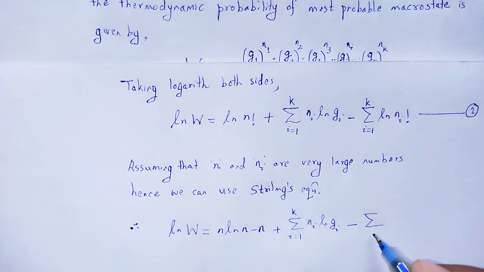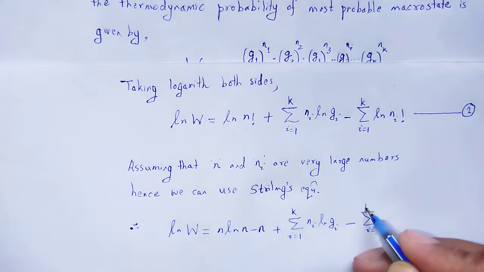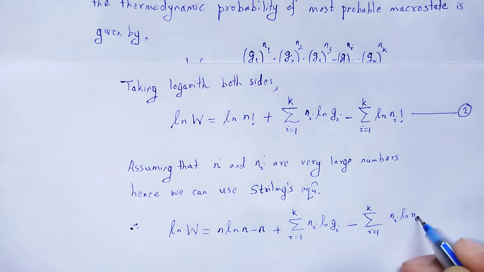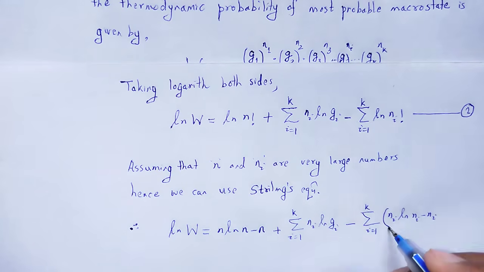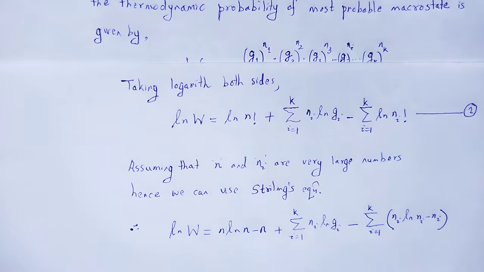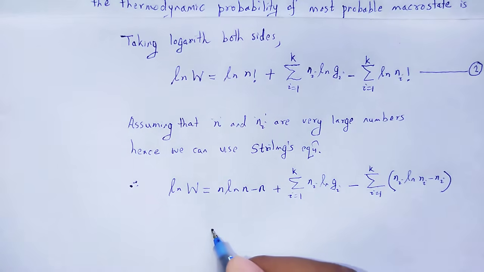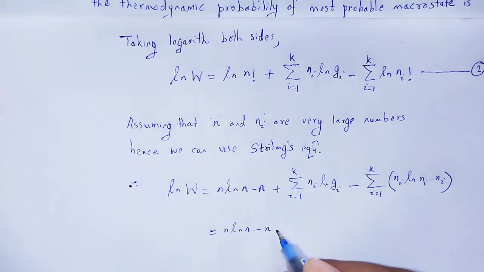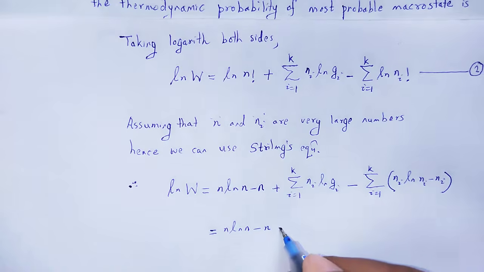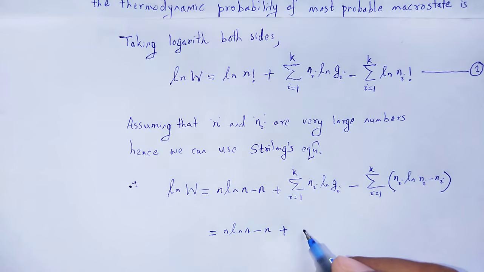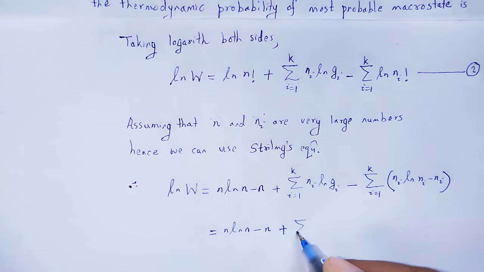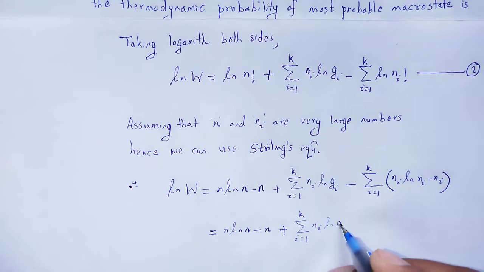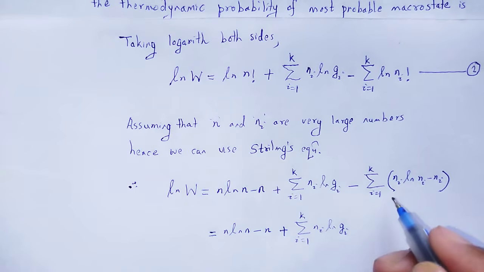We use Stirling's equation, i from 1 to k Ni ln Ni minus Ni, okay, is equal to N ln N minus N plus summation over i from 1 to k Ni ln Gi.